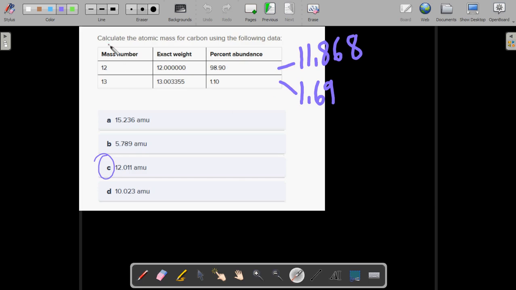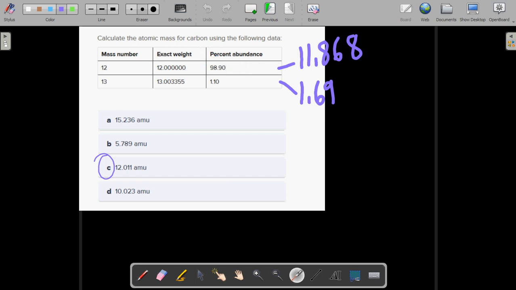So then when we need to calculate the average atomic mass, this is the mass on the periodic table. Okay? And so the mass number is a specific isotope, but the average atomic mass is an average. It's a weighted average. So we take the mass of the isotope, multiply it by the percentage that we find it.